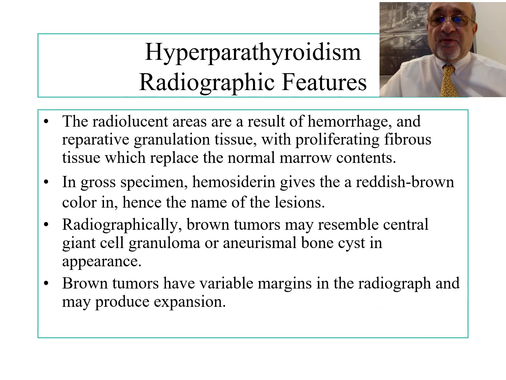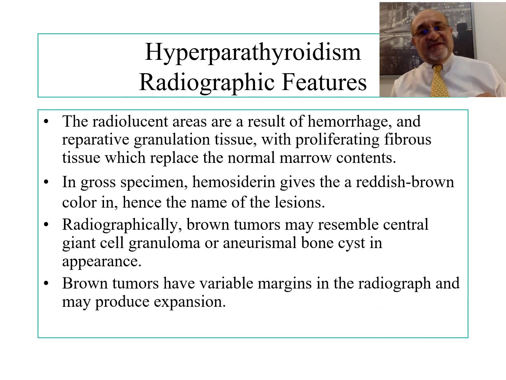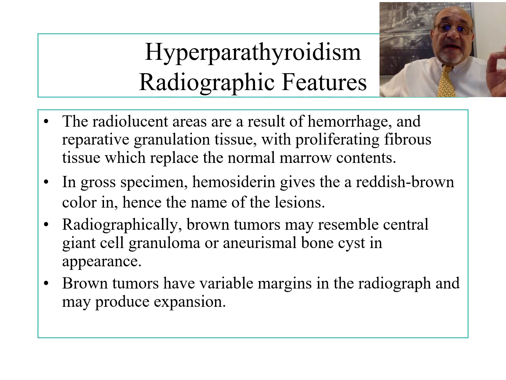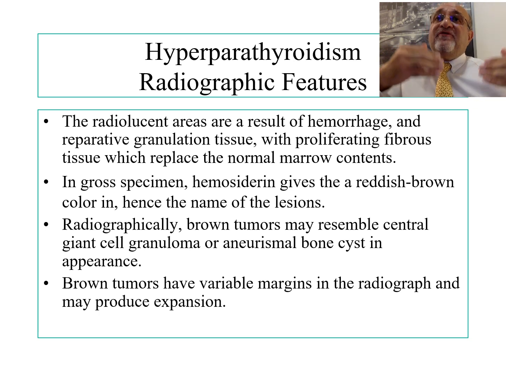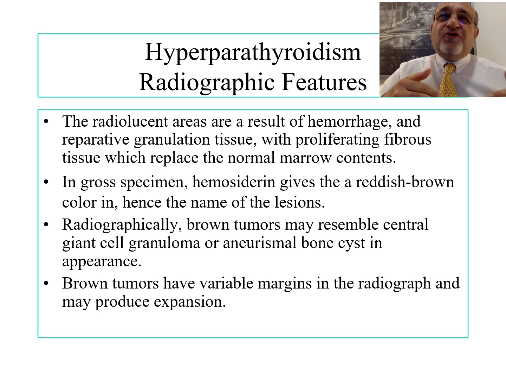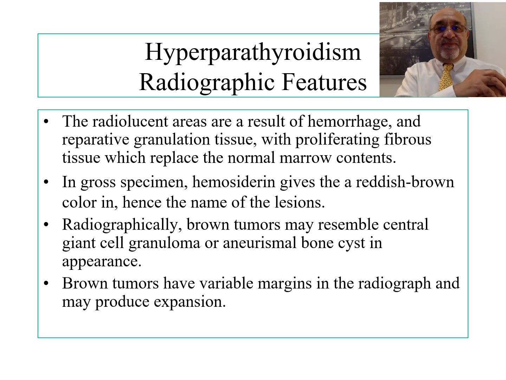We will understand why they are given this name. The radiolucent areas, those patches, are a result of hemorrhage and reparative granulation tissue with proliferating fibrous tissue. So you don't have bone anymore, which replaces the normal bone marrow. This will give the ground glass appearance.